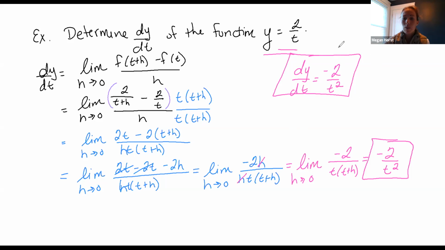What this expression tells me is that if I have this curve 2 over t, this rational function, and I wanted to find the instantaneous rate at any point on that curve, all I would have to sub in is that input, that t value or x value. So for example, when t equals 1, I would find that the instantaneous rate of change, or the slope of the tangent line at that point, is going to be -2.